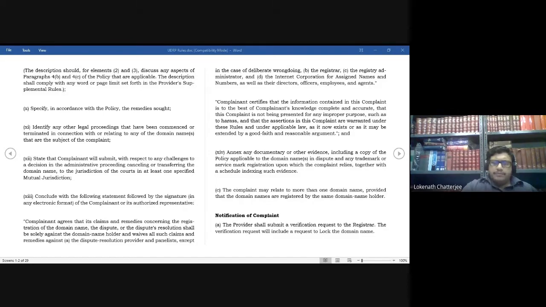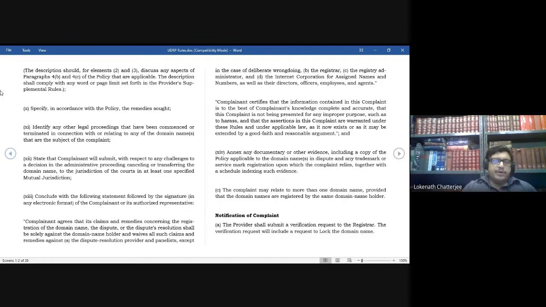Now, the remedy sought in accordance with the policy, that was where Mr. Sushant Gupta had raised a pertinent question as to whether losses can be claimed. Interestingly, the policy does not say so.